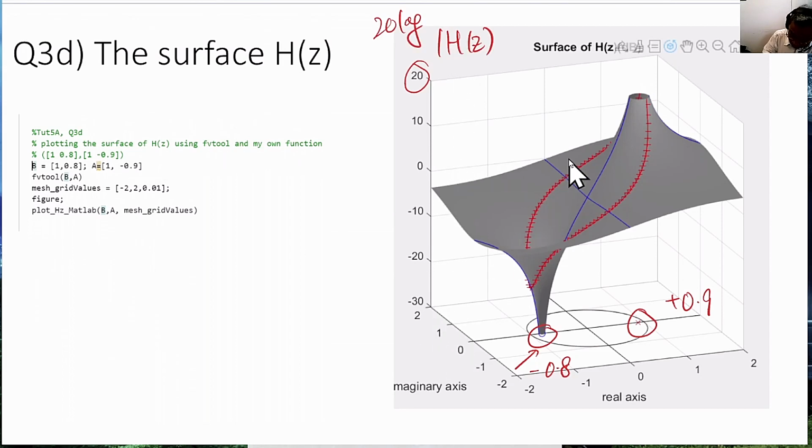And the red crosses here, where I have shaded in yellow, is the unit circle. So the surface of H(z), you can visualize, and the important part is where the unit circle is. This shape would be the frequency response H of omega, or sometimes I write H of j omega.